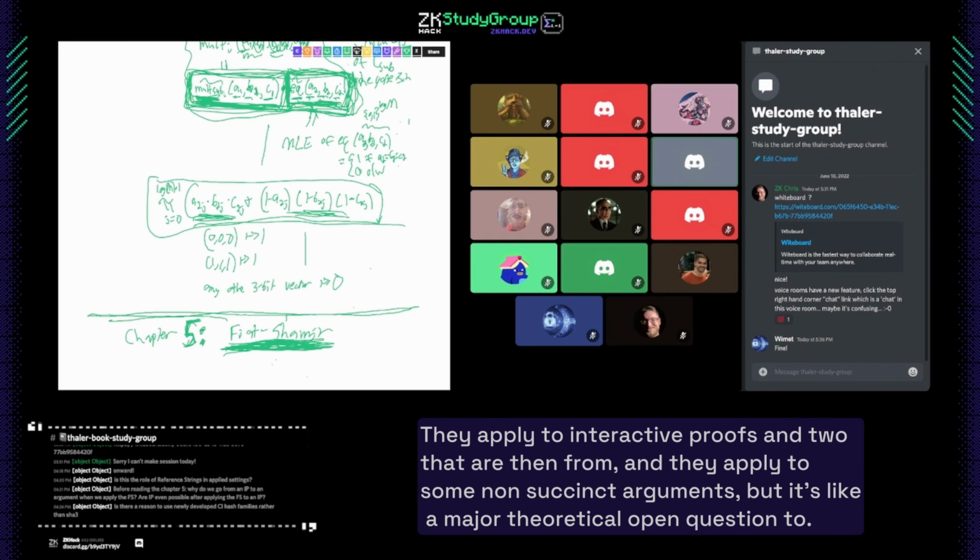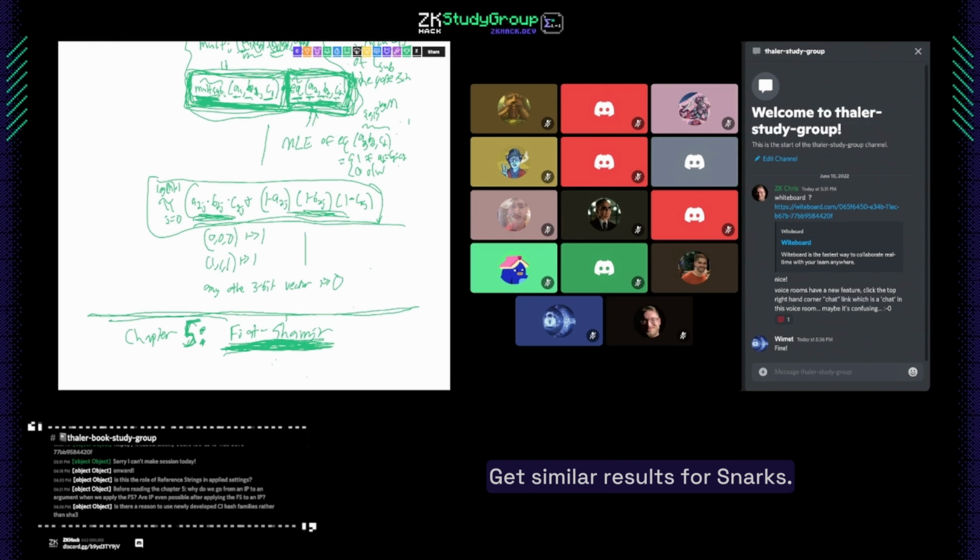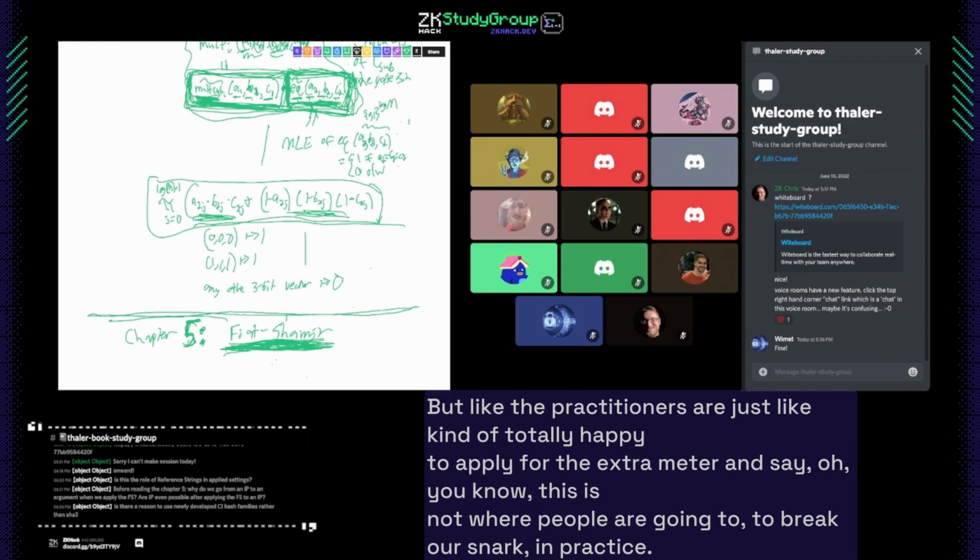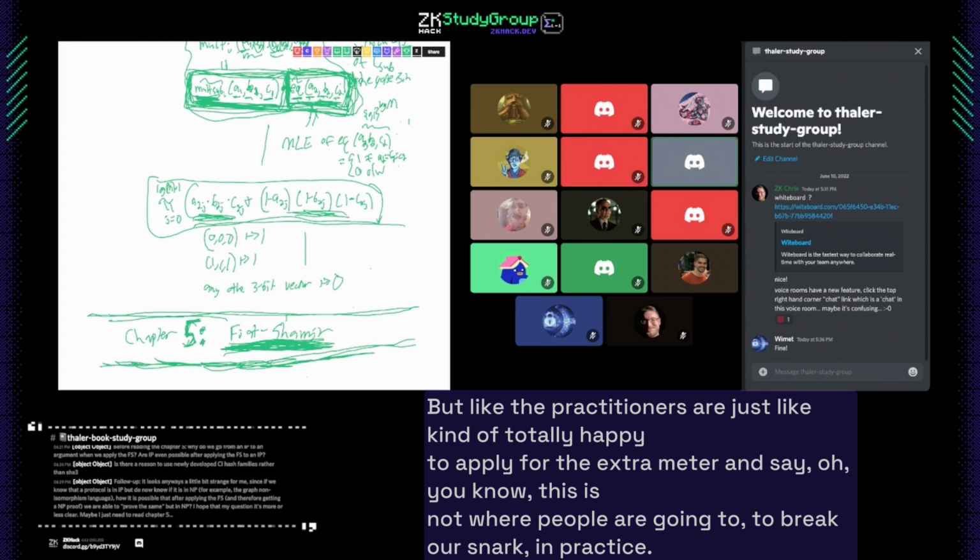They apply to interactive proofs that are then Fiat-Shamired, and to some non-succinct arguments. But it's a major theoretical open question to get similar results for SNARKs. The practitioners are just happy to apply Fiat-Shamir and say, this is not where people are going to break our SNARK in practice.